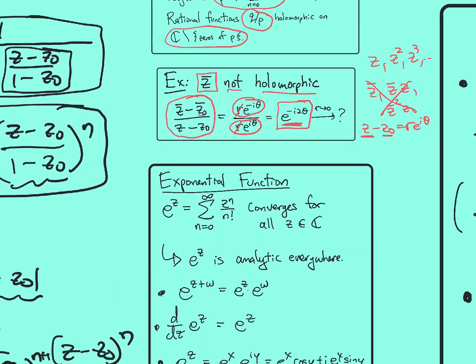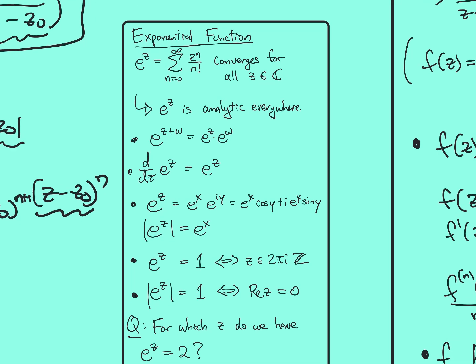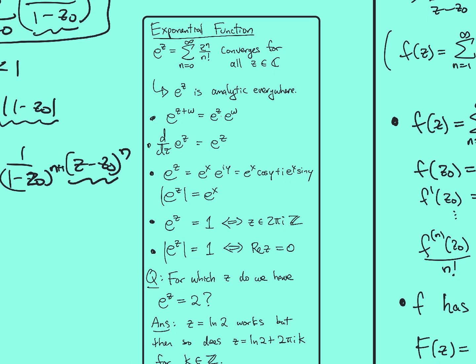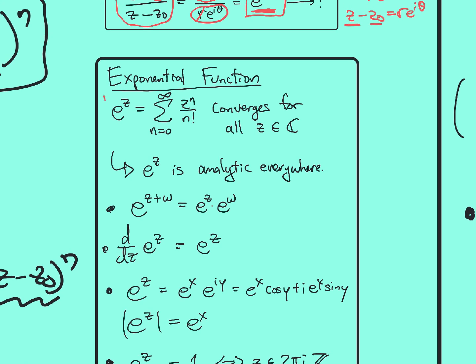Okay, so here's one of the most important functions in complex analysis, the exponential function, which initially we can define with a power series. And you can show that this converges for all z.